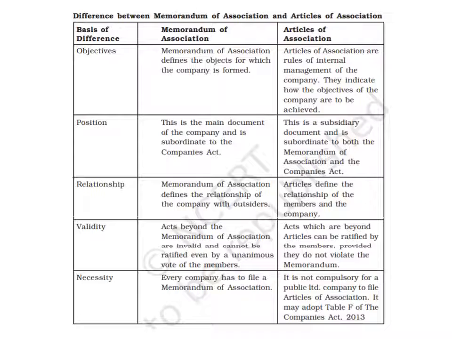And the second is position. Memorandum is the main document and articles is the subsidiary document. Memorandum of association defines the relationship between the company and the outside world, but articles define the relationship between the company and its members. Validity. Any act beyond the memorandum of association is invalid.